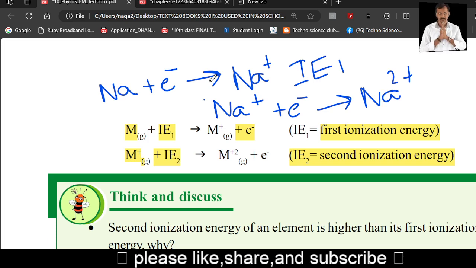So Na+ does not easily give up another electron, but we can take it out by using extra energy. That extra energy is called the second ionization energy. We can take the electron out by using more energy on the unipositive ion of sodium.